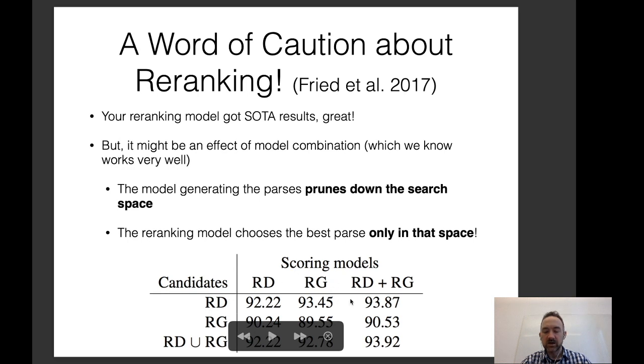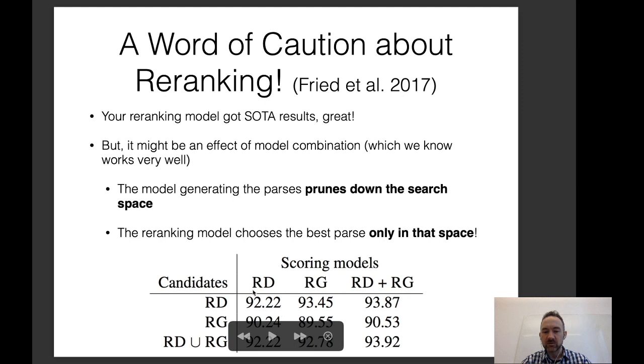You can see that when you generate with a discriminative model, which is easy to decode, and then re-rank with a generative model, you get very nice results. However, if you generate with the generative model and then re-rank with the discriminative model, it does better.